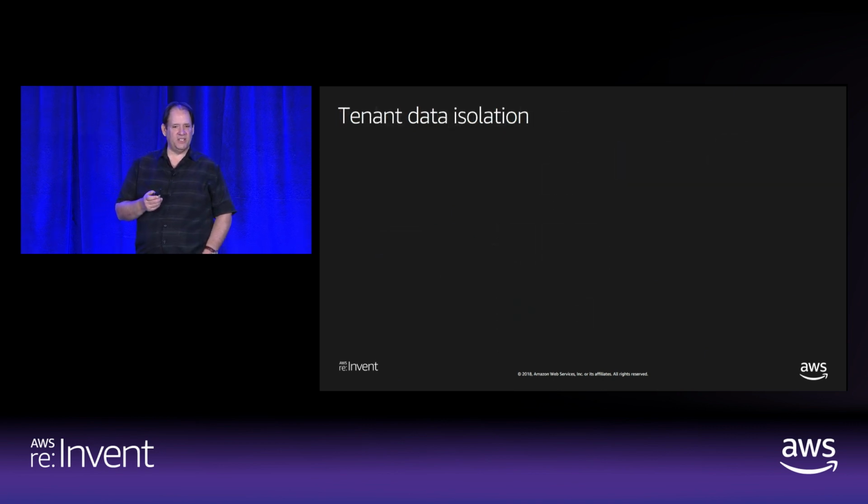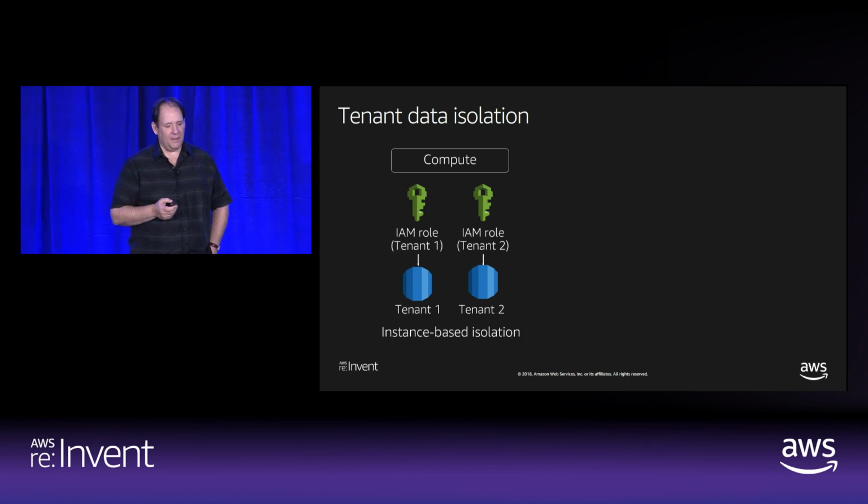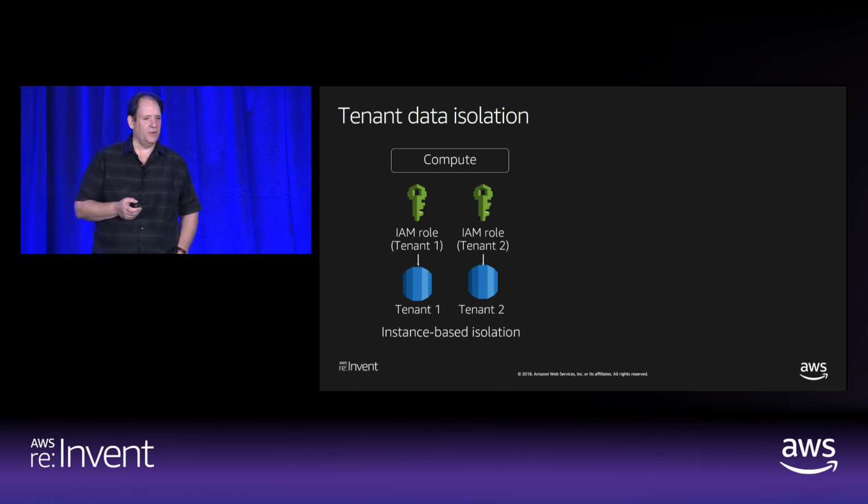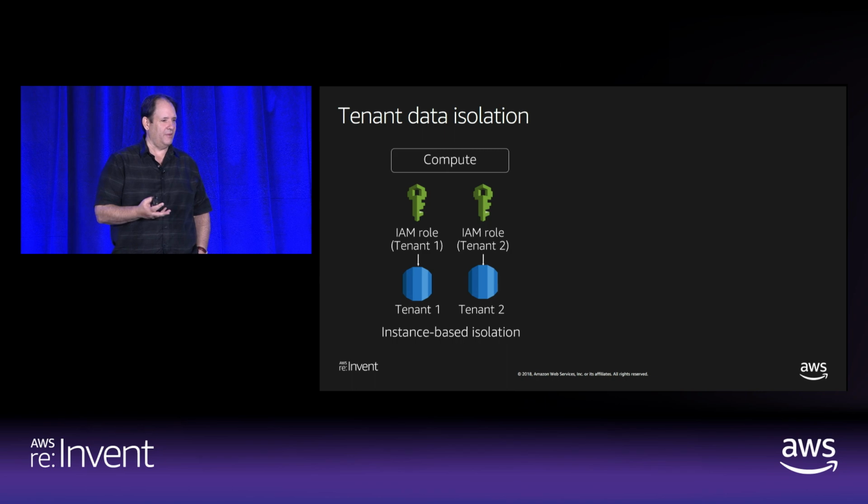Now, data isolation is a slightly different story. I'm talking about IAM here because IAM is the thing that AWS has as a common tool to solve this, but this doesn't have to be IAM. People have their own RBAC-ish kind of bits that you could consider using as well.